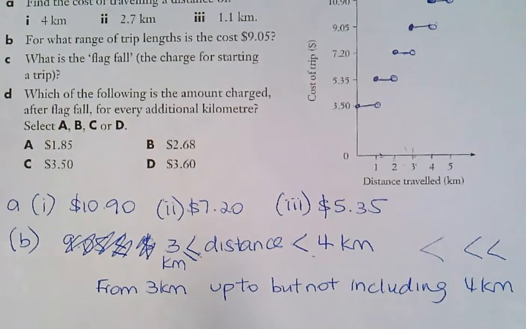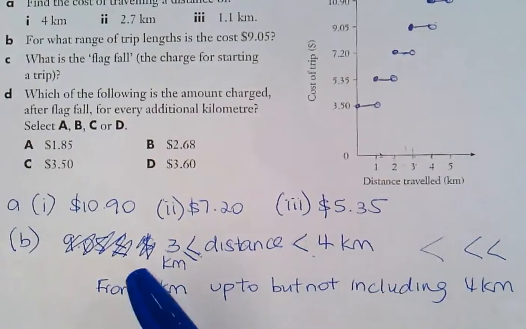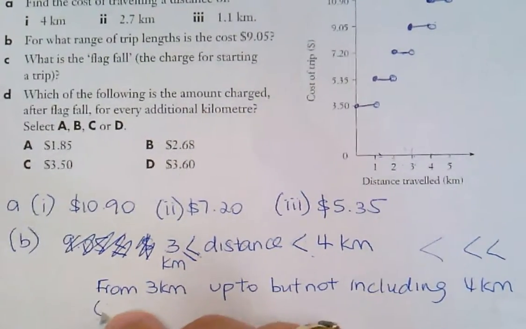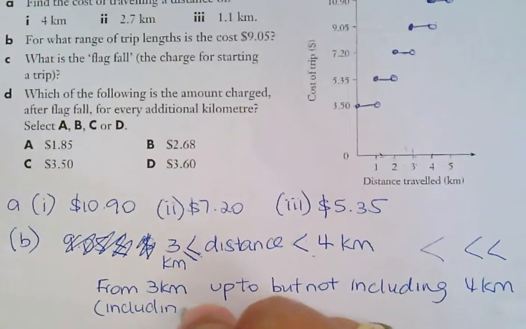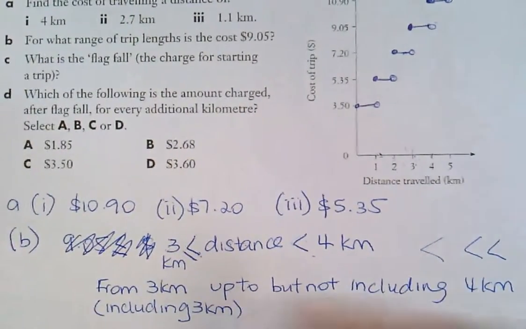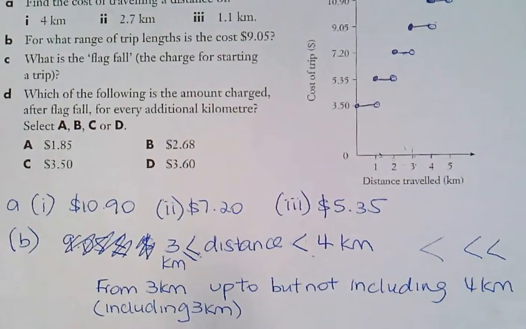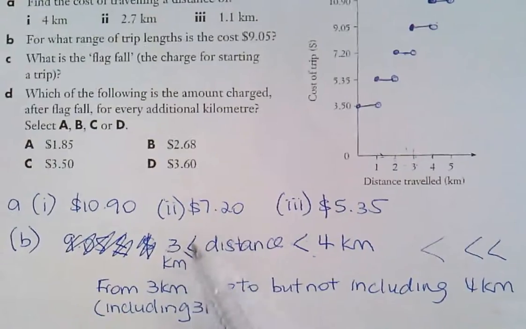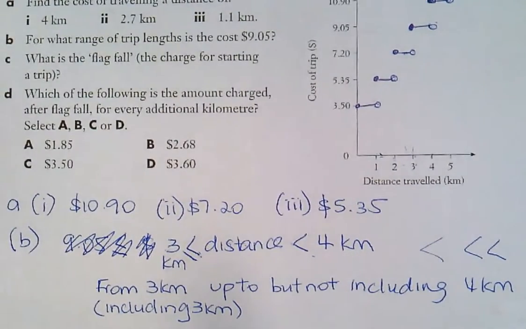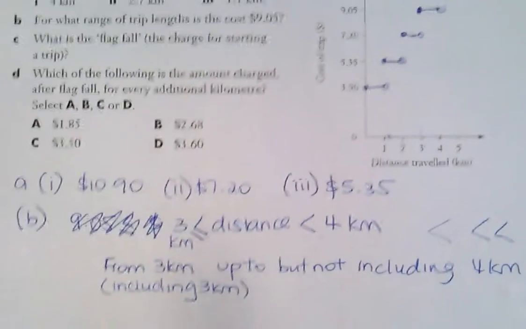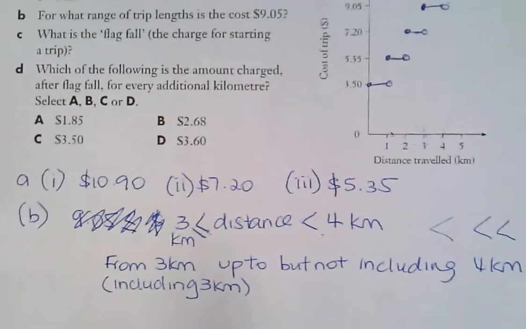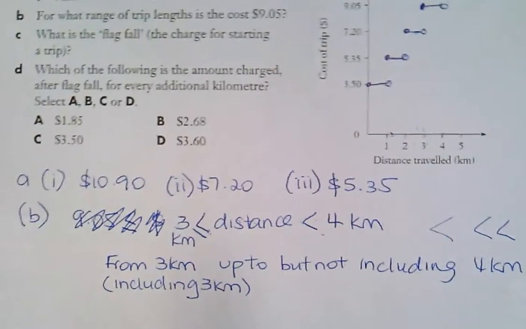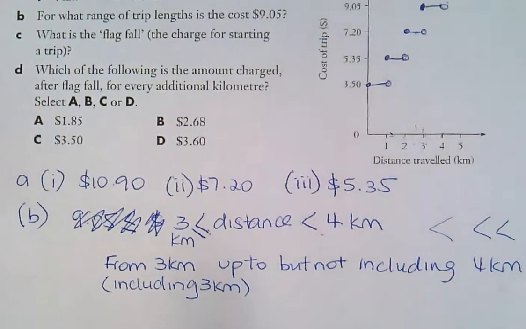If you can't write it, this is the mathematical way of writing it, but you can say it in words. You must be very specific and let them know that you are including the 3 kilometres, but up to 4 does not include. Up to, but not including the 4.